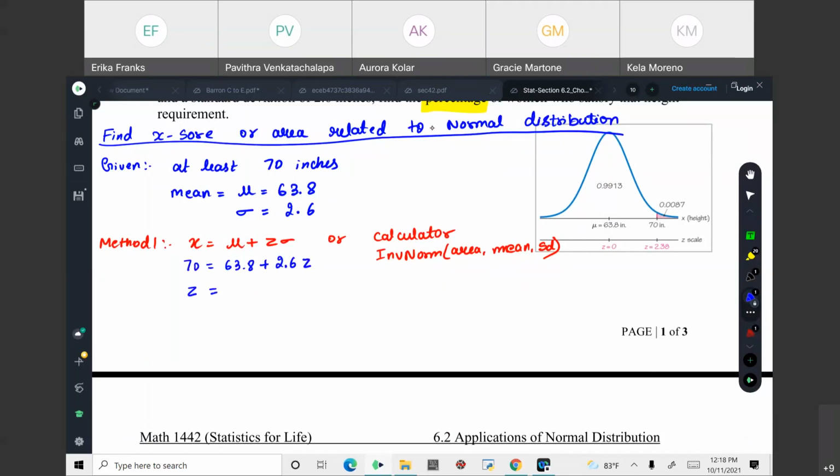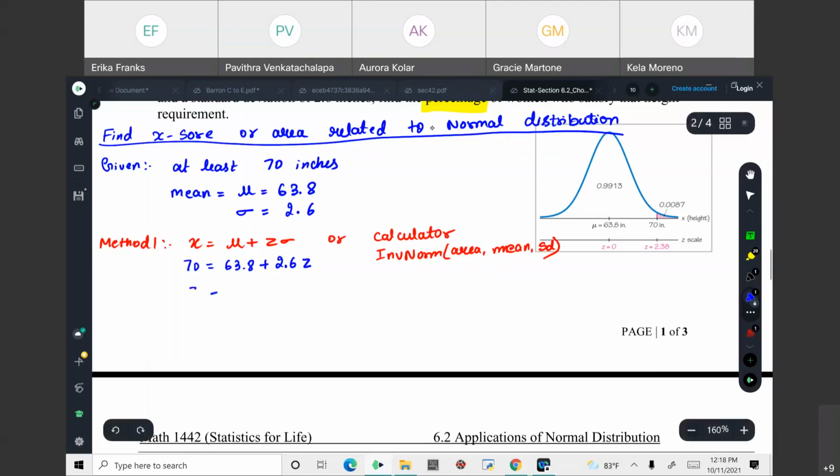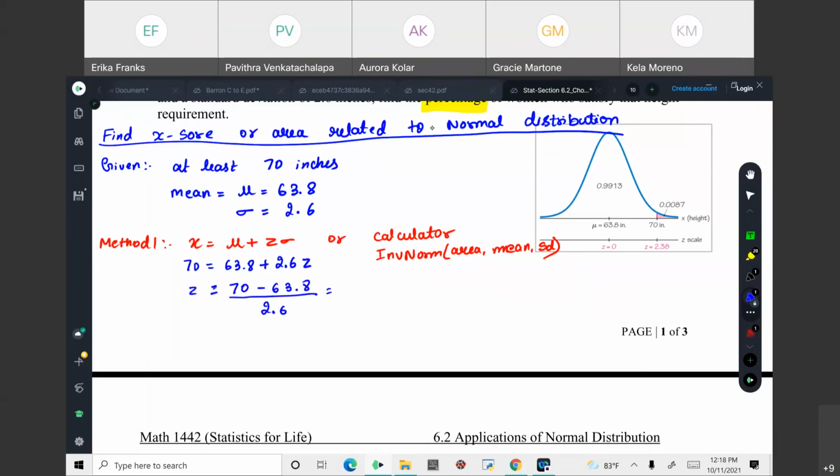How do you do this? Bring everything to the left side. 70 minus 63.8 divided by 2.6. You must be getting something around 2.38.